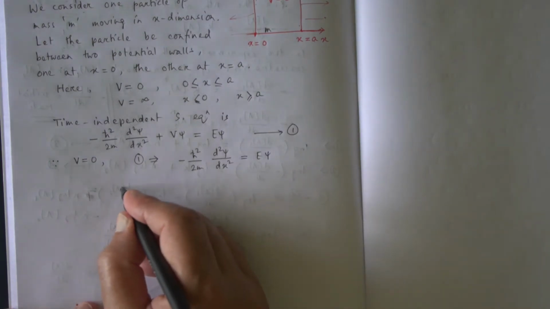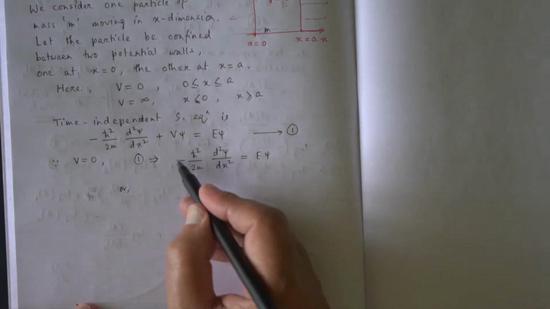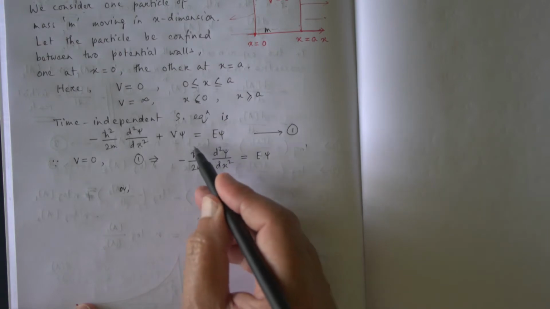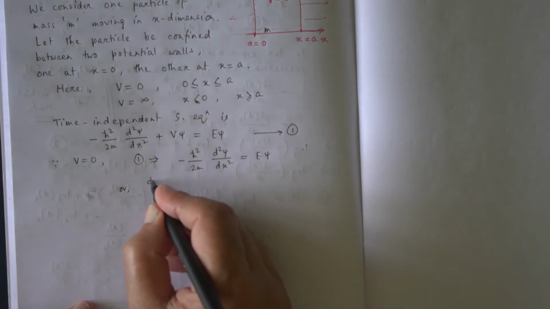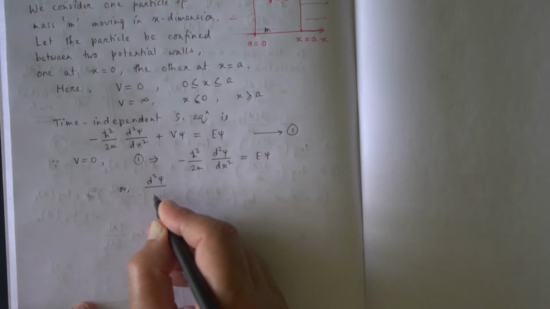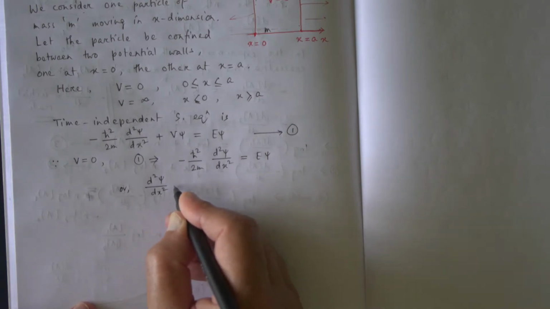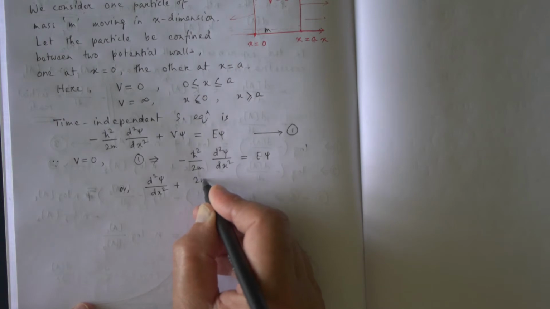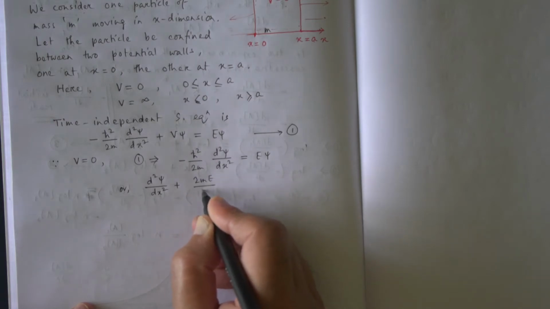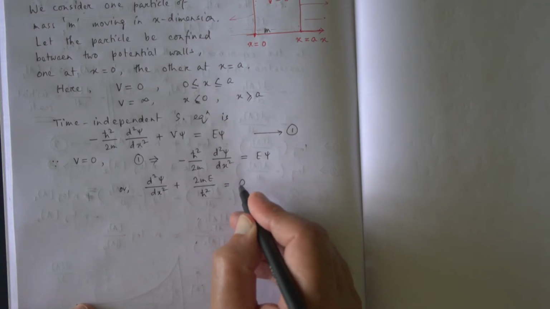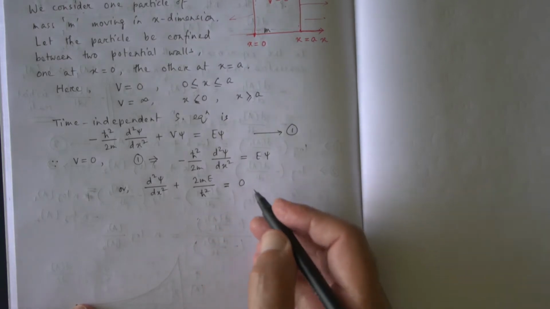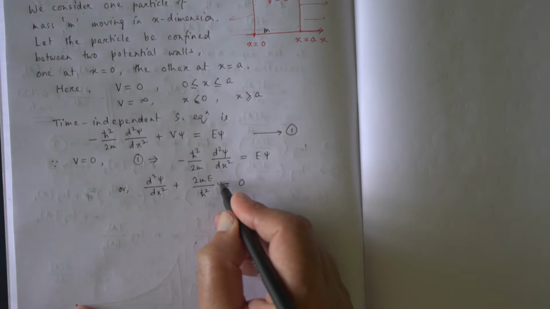Or we can write it like this. If we divide both sides by this, we get d2 psi by dx square plus 2mE by h bar square psi equal to 0.